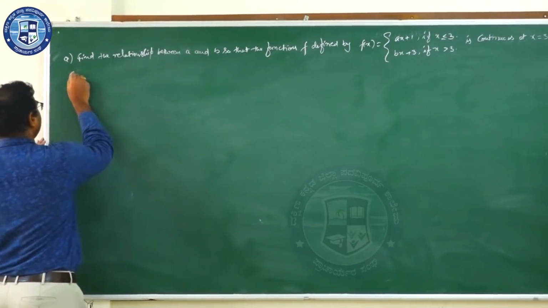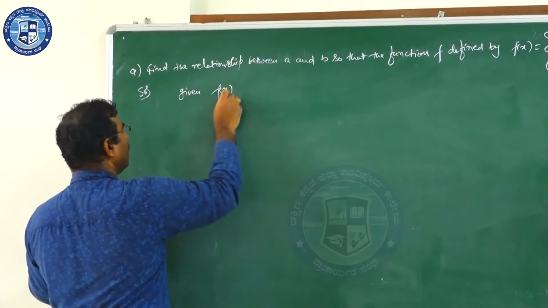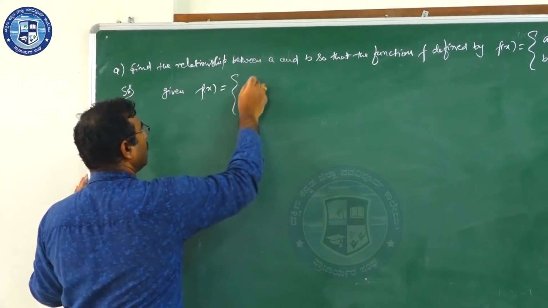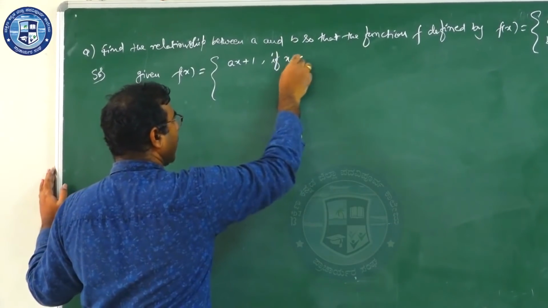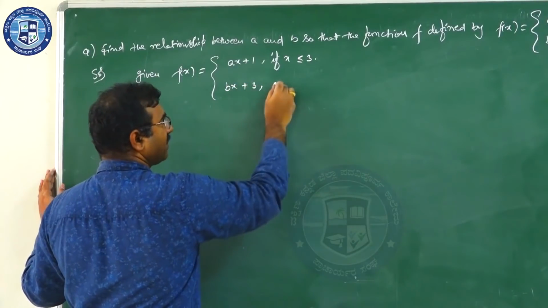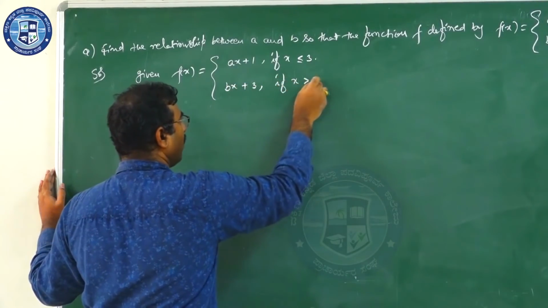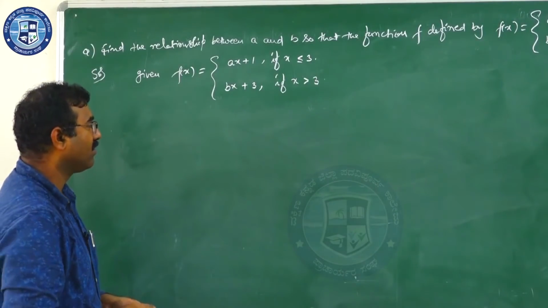Now see the solution. Given f(x) is equal to ax plus 1 if x is less than or equal to 3, bx plus 3 if x is more than 3. They have defined it like this.